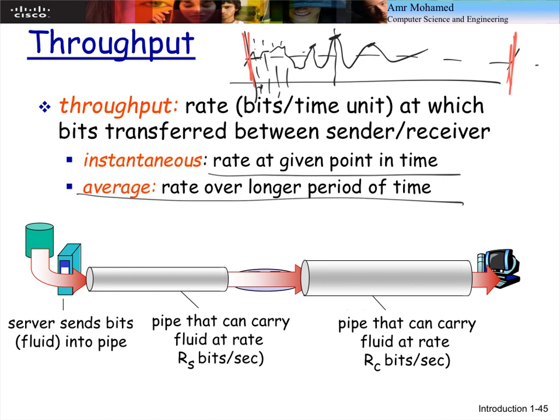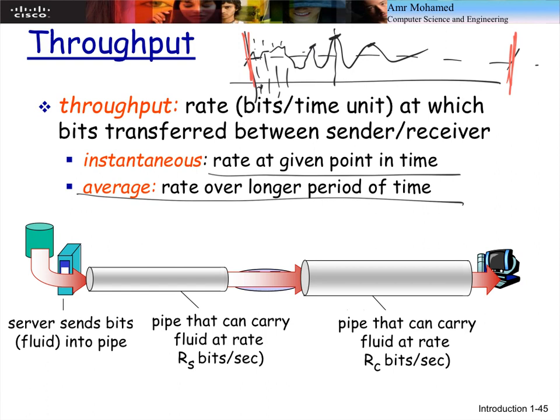Another very important thing to notice here is that when a server tries to send to a client, or a sender to a receiver, in between the sender and receiver you have a pipe with a certain thickness, and in between these two there is a network device.